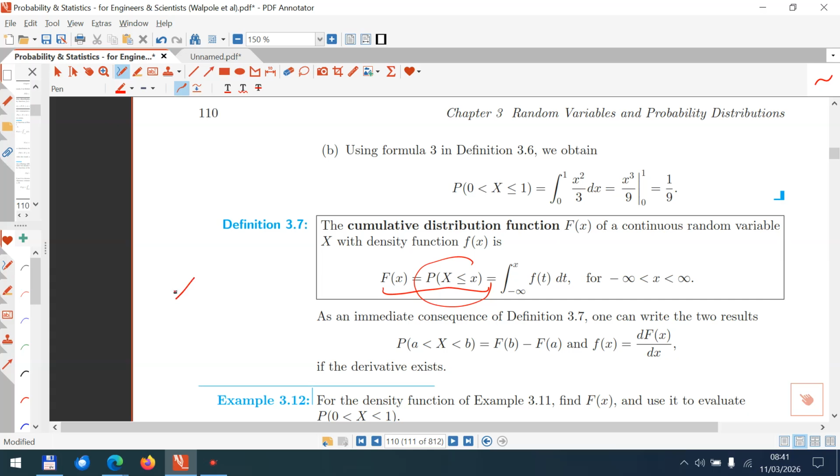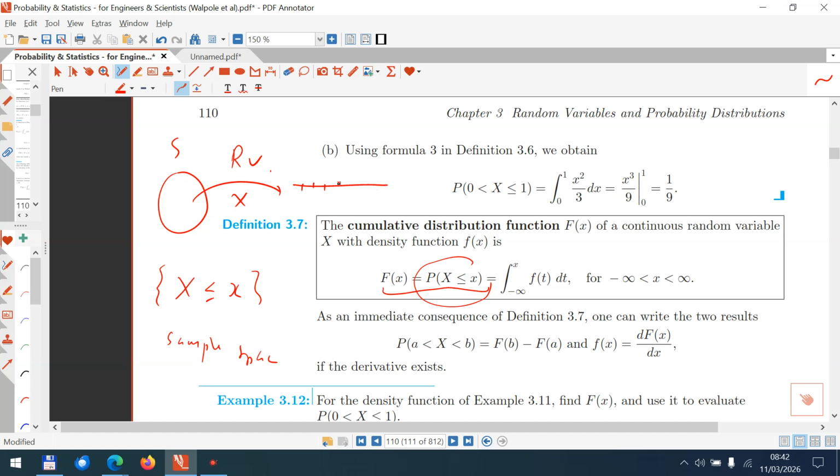No, the reason is that this is simply a shorthand, right? And this will translate to some event in the sample space. And the sample space doesn't care. Remember, you define the random variable on a sample space. You have a sample space, you define a random variable, and you assign values.